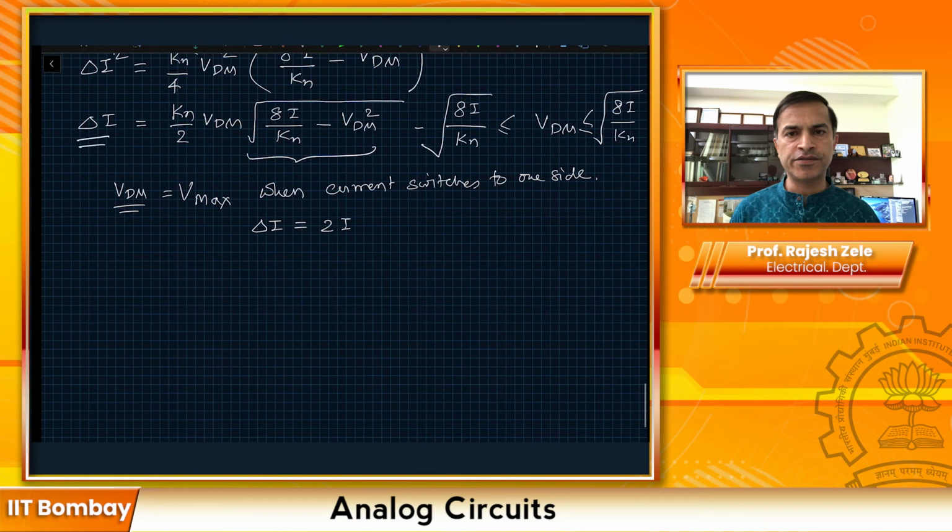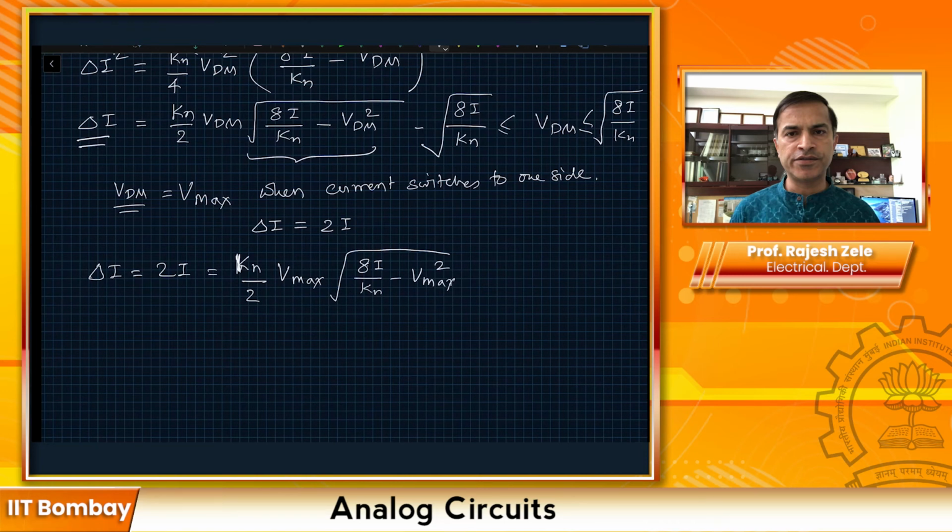We can rewrite this expression, which is delta I equal to 2I, and that will be equal to Kn divided by 2. Instead of VDM, I'm going to put Vmax, and in the square root term, we are going to get 8I by Kn minus Vmax square. Let me repeat that in case you didn't get it.